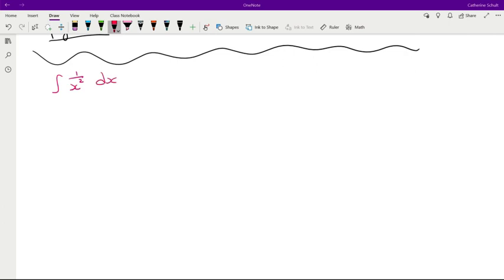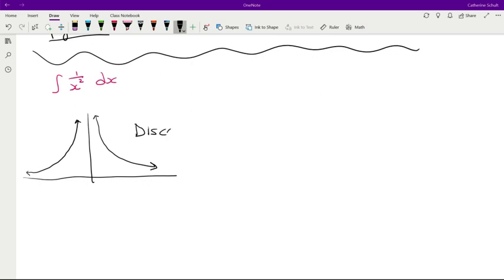When we take derivatives, antiderivatives, or integrals, it's always important to remember if there are any discontinuities, because it's not always defined at discontinuities. For 1 over x squared, x can't be 0. So we have this asymptote right there. I'm going to write that: there's a discontinuity at x equals 0.